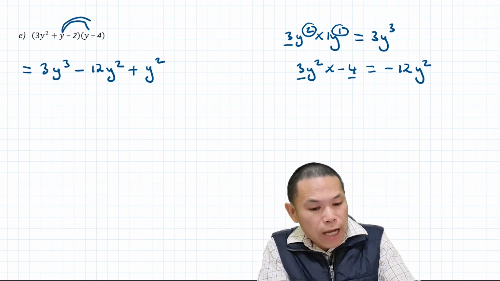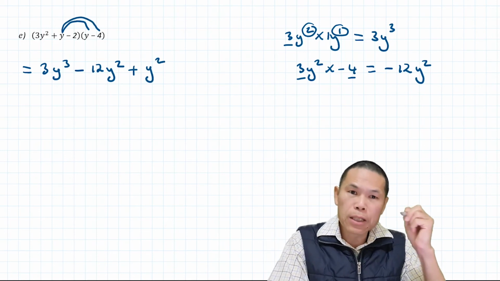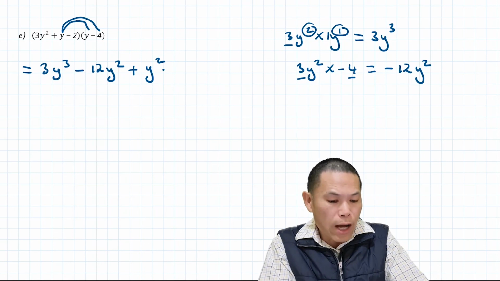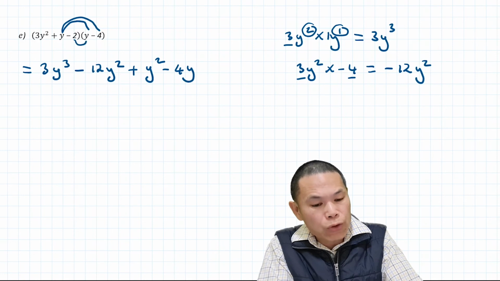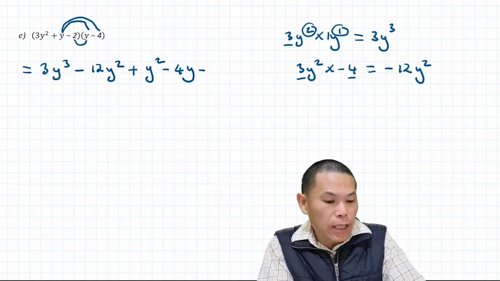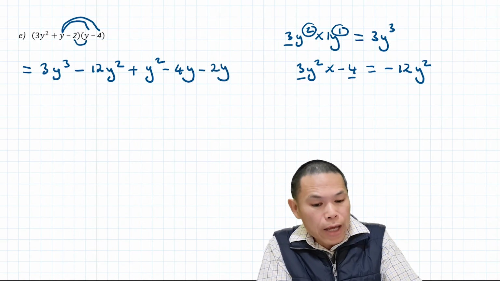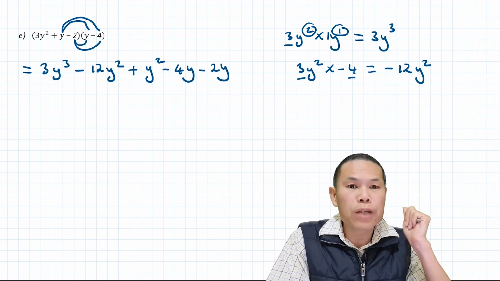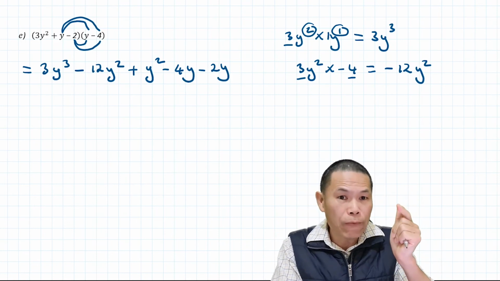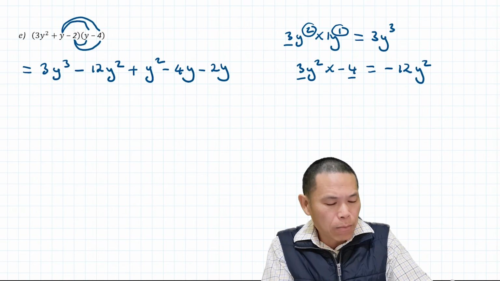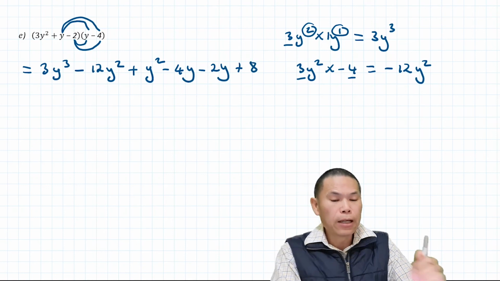And we have y times negative 4, which is negative 4y. That means minus 4y. Then we have negative 2 times y, so that means minus 2y. Negative 2 times negative 4, 2 negatives multiplied together give me a positive. 2 times 4 is 8, so plus 8. There you go.